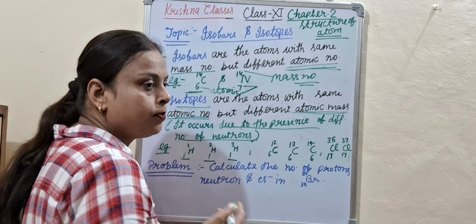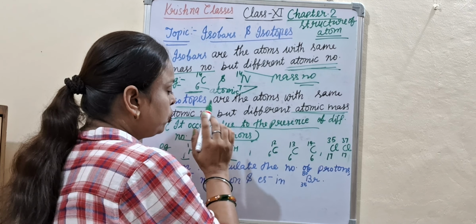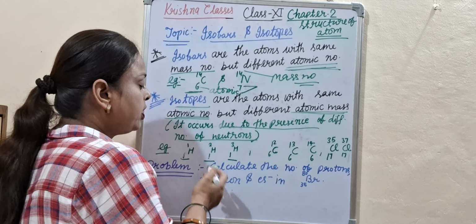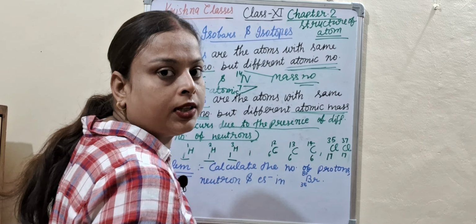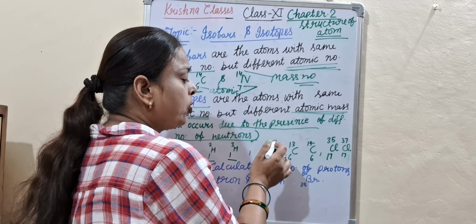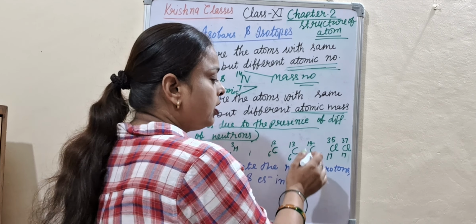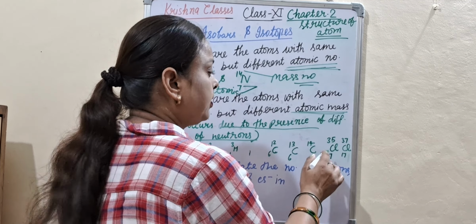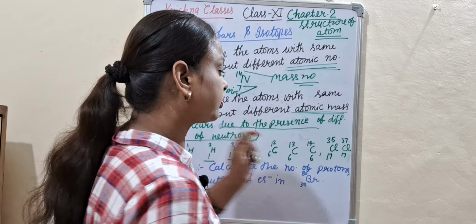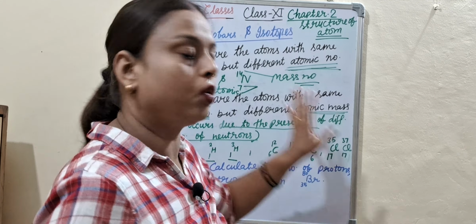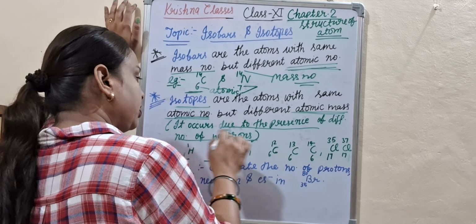So 1H1 protium, 1H2 deuterium, 1H3 tritium. These are the isotopes of hydrogen. And 6 carbon 12, 6 carbon 13 and 6 carbon 14 are the isotopes of carbon. And 17 chlorine 35, 17 chlorine 37 are the isotopes of chlorine. So these are the isotopes.